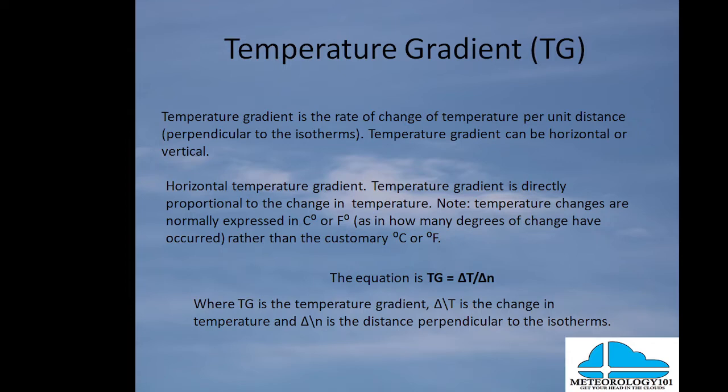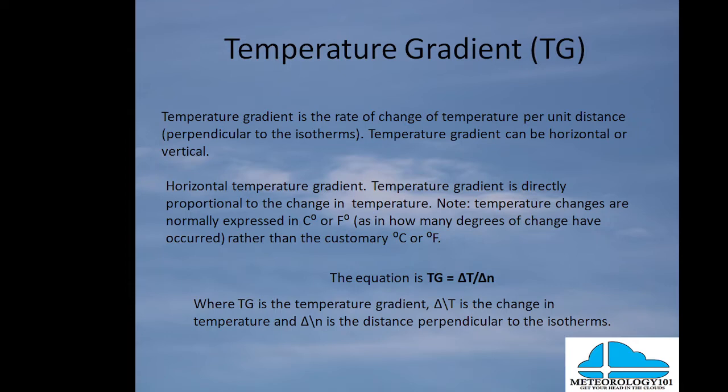Horizontal temperature gradient. Temperature gradient is directly proportional to the change in temperature. So that temperature gradient changes with the temperature; if temperature increases, the gradient increases. Temperature changes are normally expressed in Celsius degrees or Fahrenheit degrees, as in how many degrees of change have occurred, versus what the temperature is.